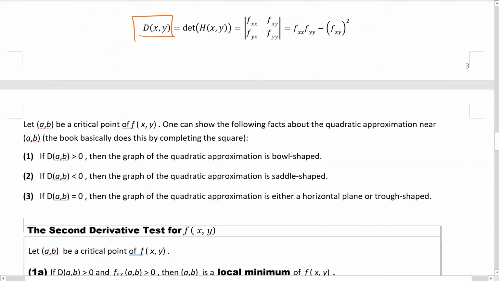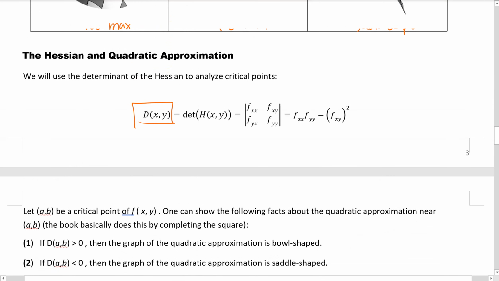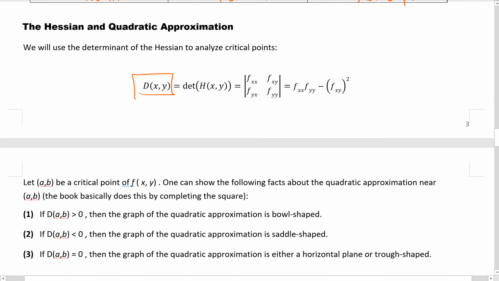So let (a, b) be a critical point of the function. One can show the following facts about the quadratic approximation near the point. If the determinant of the Hessian is positive, then the graph is bowl shape.